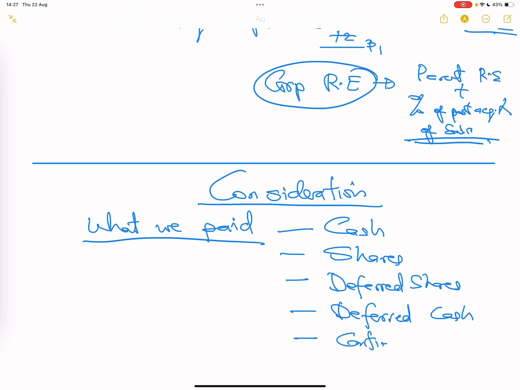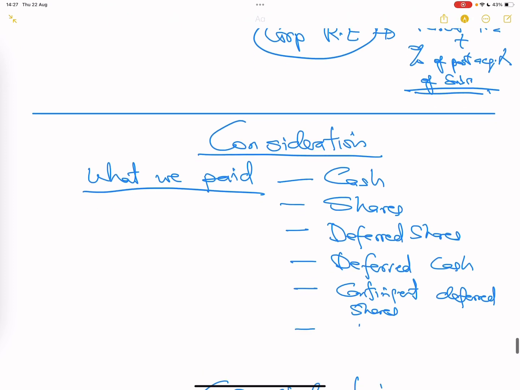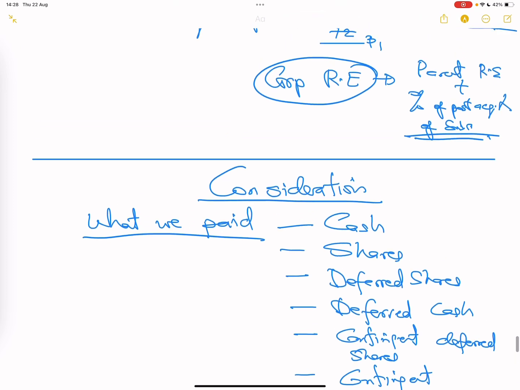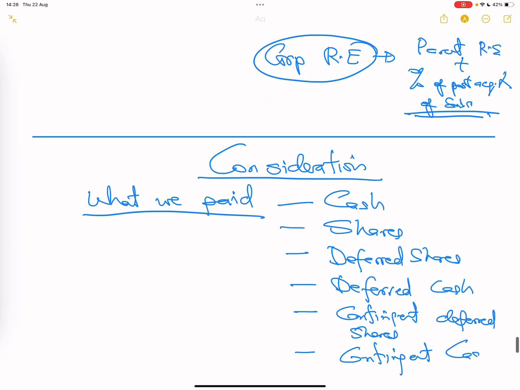It can also be contingent deferred shares, or it can even be contingent cash. So these are all forms of consideration that any entity can use to acquire a company.